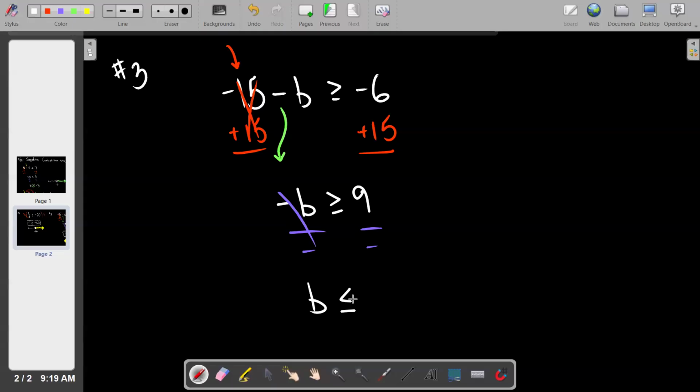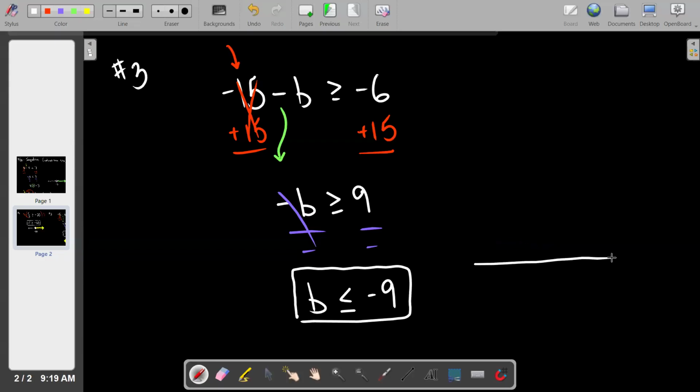And what is a +9 divided by a negative? -9. And that is our final answer. And again, just make a little number line. Mark the only number that really you should be interested in this case. Open or closed? Closed. Shading to the left.